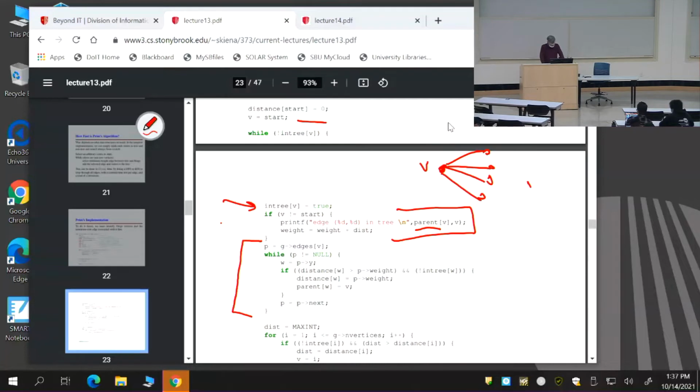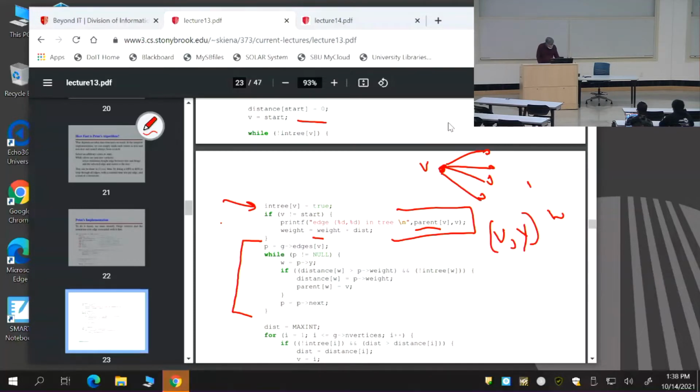So how do I update it? I'm going to go through all the outgoing edges of V, in the adjacency list representation, and if I have an edge VW of weight W, under what conditions will I want to deal with it?